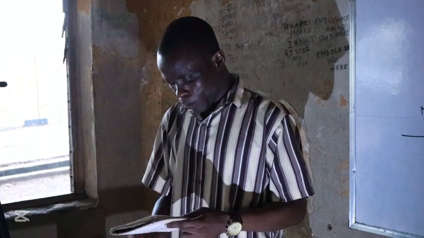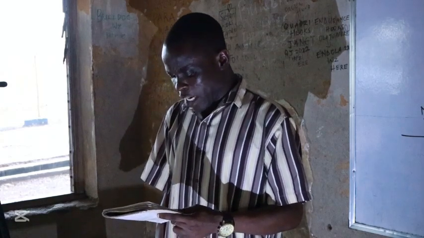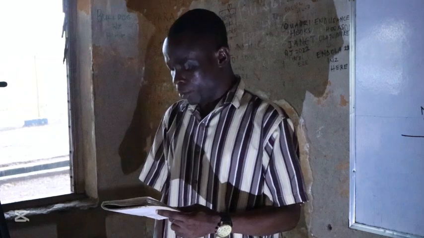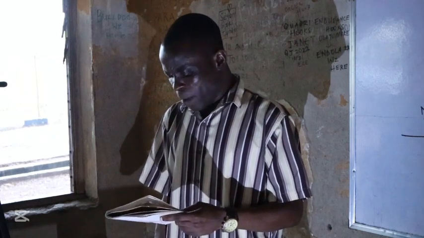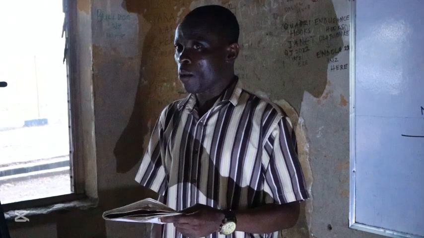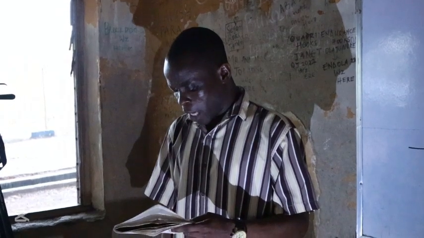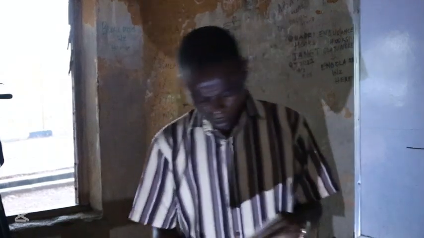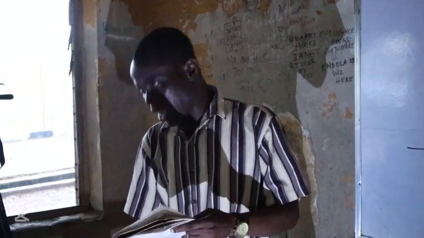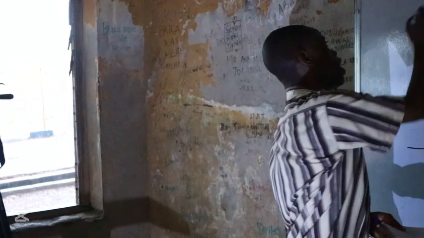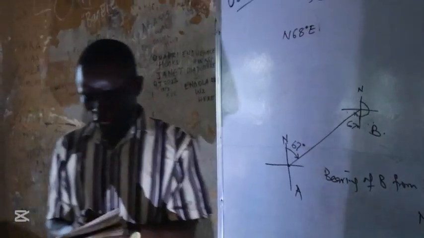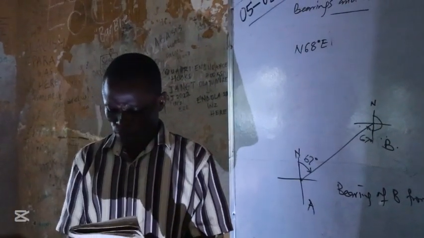Number 2. The bearing of a bird on a tree from a hunter on the ground is N 68 degrees E. Full stop.